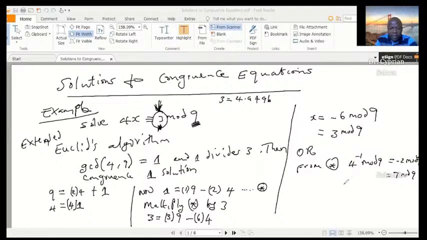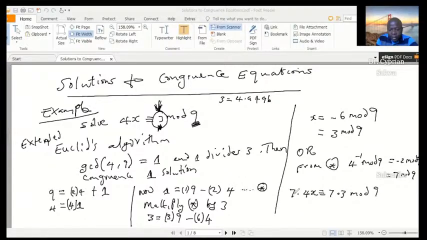Once you have the inverse, I said you begin from here and then you come up to star. So if you're using this method of inverse, you don't require this other one. You just come from star to this straight away. Once you have the inverse, go back to the equation and multiply both sides by the inverse. So then you would have 7 multiplied by 4x is congruent to 7 multiplied by 3 mod 9.